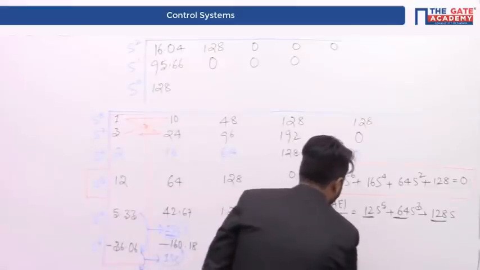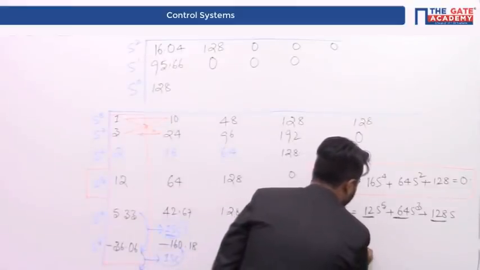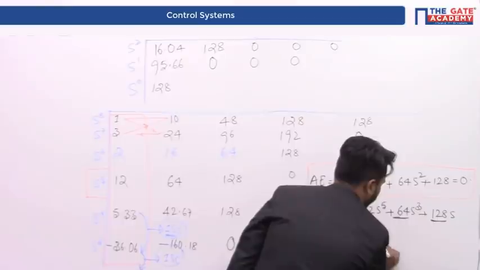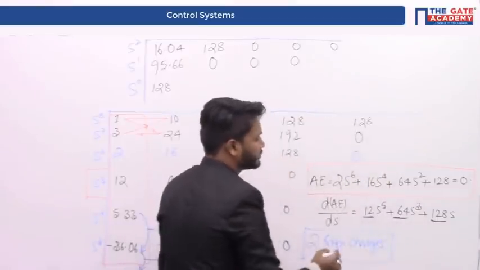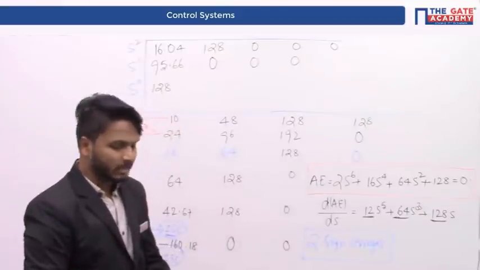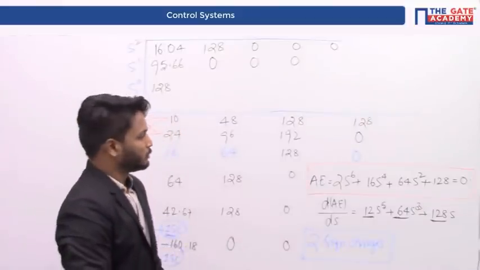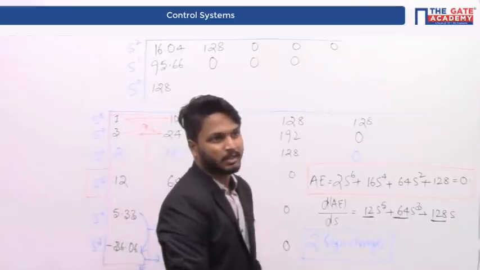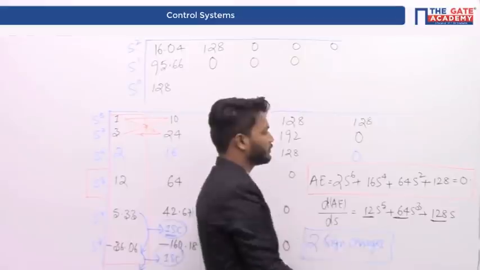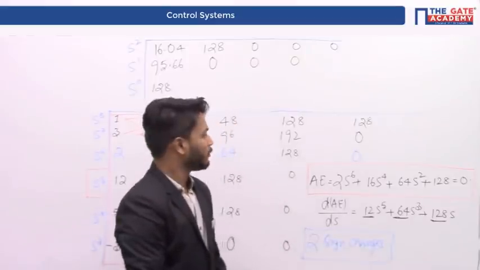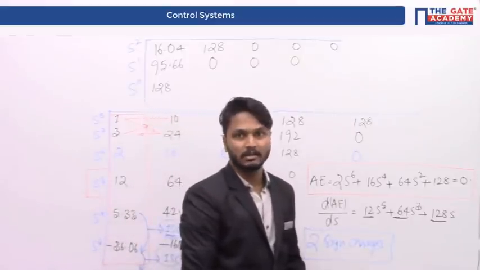For 2 sign changes, there must be 2 roots lying in the right half of the S-plane, and please note this point: the degree of the auxiliary equation is 6, right?